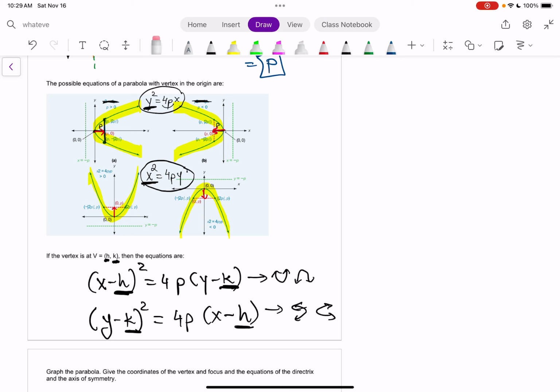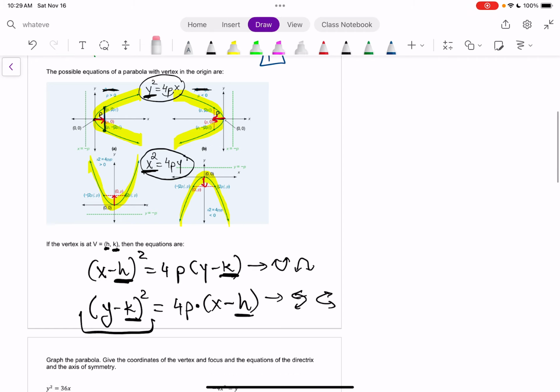The 4p always has to go to the side of the linear factor. The squared factor is by itself, and then the 4p gets multiplied to the linear factor, the one that doesn't have the square, whether that's about x's or y's.